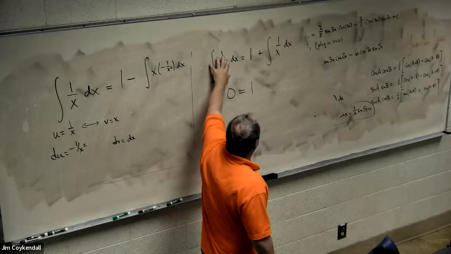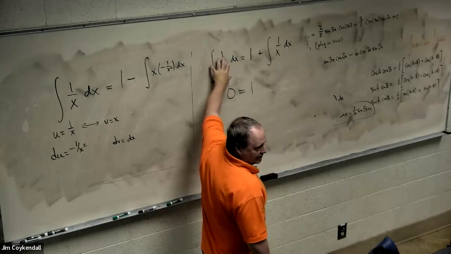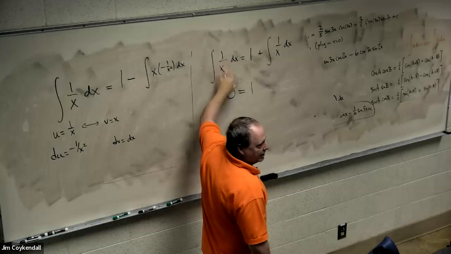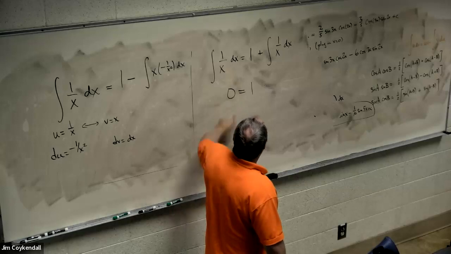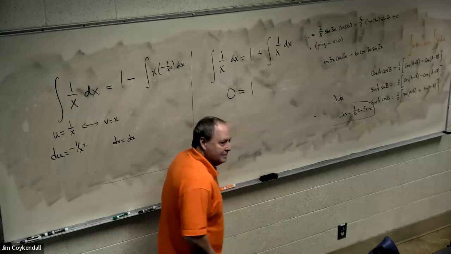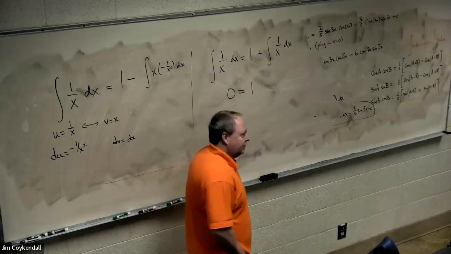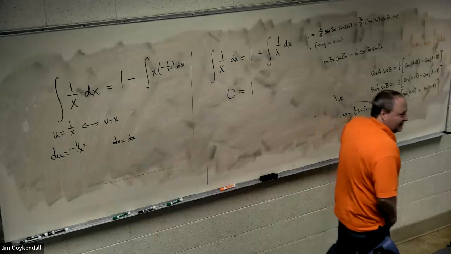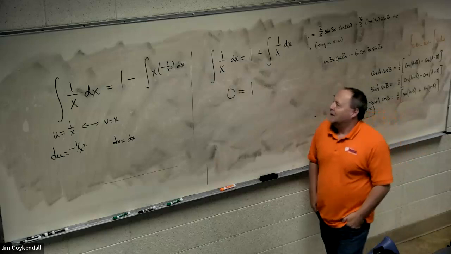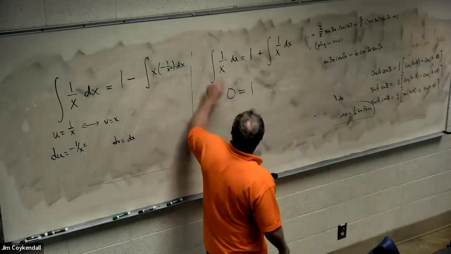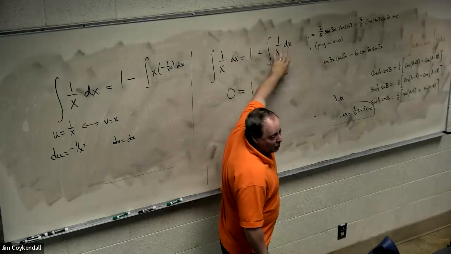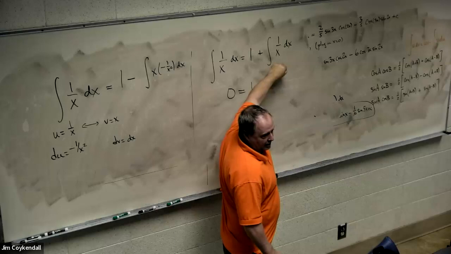What is this that I subtracted off? It's an antiderivative of 1 over x. When I subtracted these off, I assumed they're the same thing. I have two antiderivatives of the same function. Are they the same? They can differ by a constant. Very good. It's not really fair for me to subtract this integral from both sides, because they're not necessarily equal. They can vary by a constant.